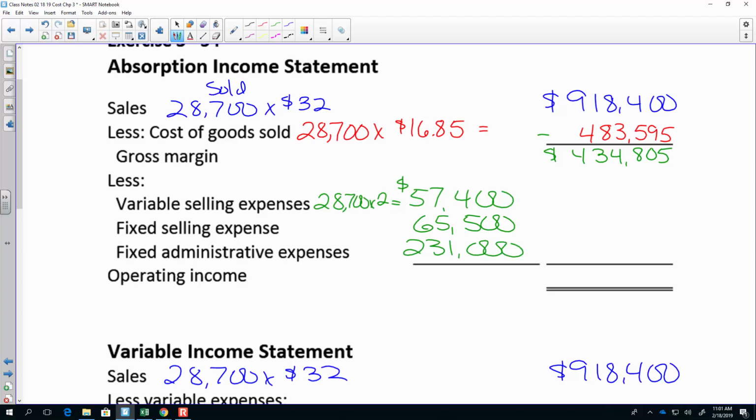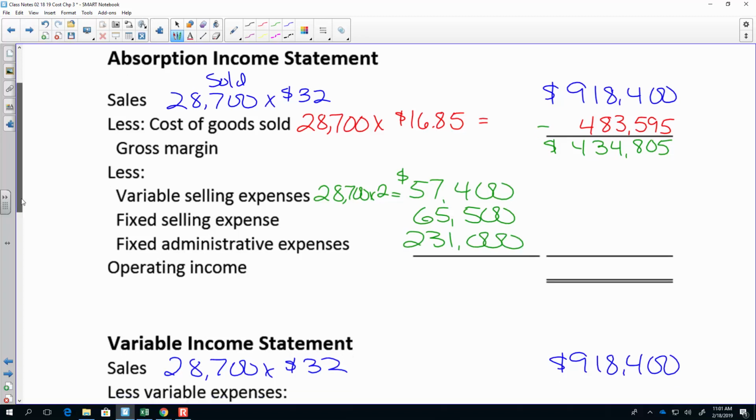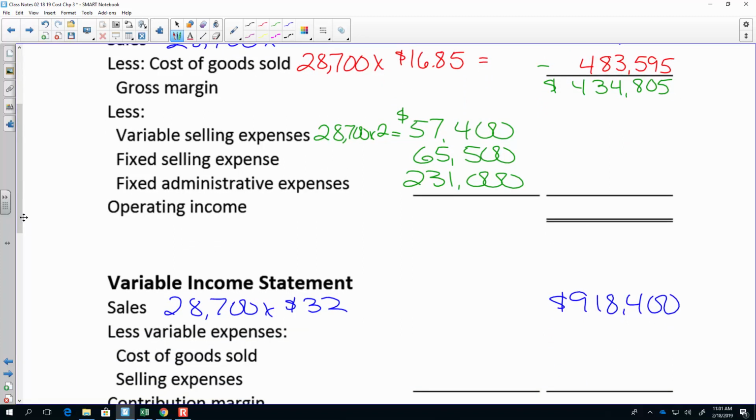Those three numbers? 57.4, 65.5, 22.31. How much do I get when I add those up? It's like 300,000 something. 353,900. That was stereo. That was awesome.